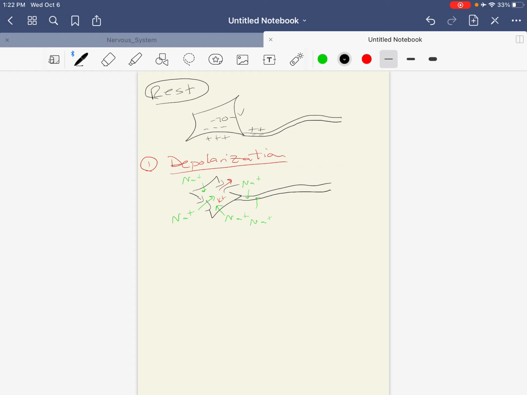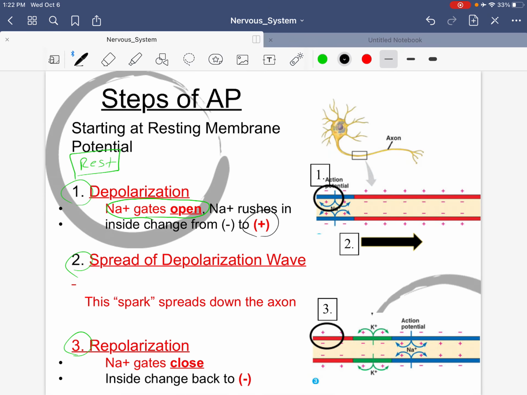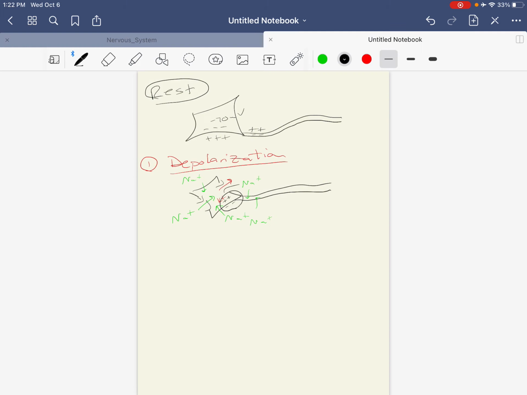When we have a sudden influx of sodium, now what was negative 70 on the inside of the cell, we just flood it with positive ions. Well, now the inside of the cell becomes positive, and the outside becomes negative. So we flip-flop the charges, right? So where at rest, the inside of the cell is negative, when we depolarize the membranes and we have a flood of positive sodium coming in, that negative charge on the inside suddenly becomes positive. It will usually go all the way up to positive 30.